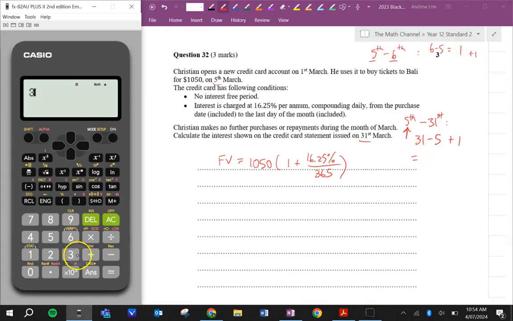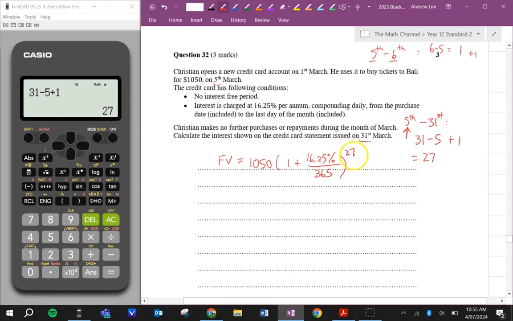So we've got 31 minus 5 plus 1, which is 27. So that tells us there's actually 27 days of interest. Calculate the interest shown.